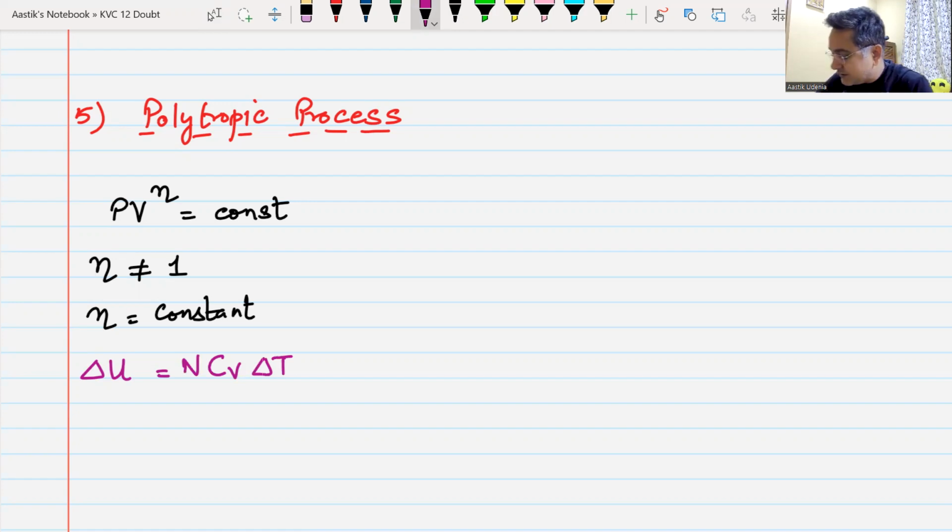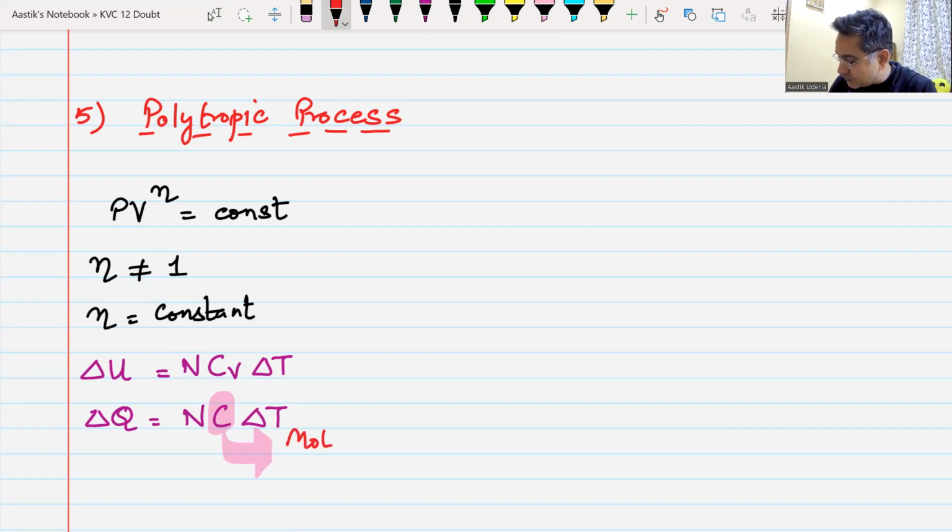Now I can write the delta Q for this process. For this process, delta Q will be nC into delta T, where this C will be known as the molar specific heat for this process. Every process has a different molar specific heat.